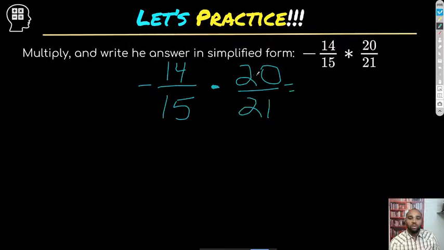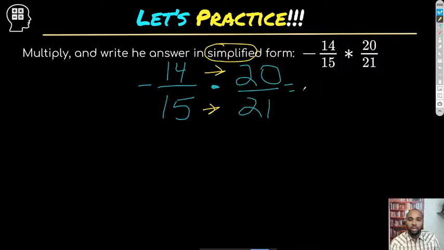The idea is you can just multiply straight across: 14 times 20, 15 times 21. Easy peasy, you're done. But since we want to simplify, I'm going to start looking for ways I can simplify this.